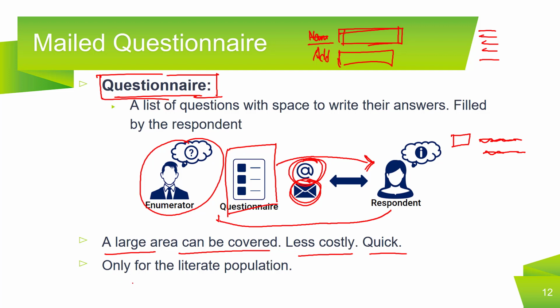But there is a drawback, that is, this is only applicable for literate population. That means in this study you can only include those literate respondents who will be able to read and write down their answers and then revert back to the enumerator. You cannot include illiterate people in this kind of study.